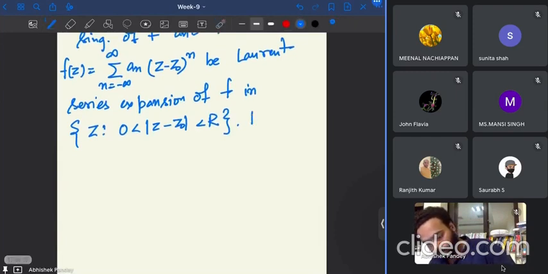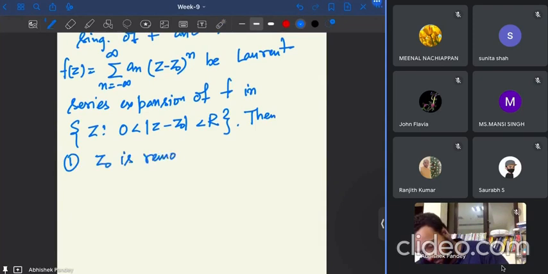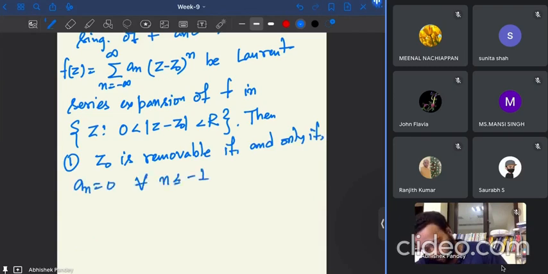Then the first thing is z naught is removable if and only if a_n is equal to 0 for every n less than or equal to minus 1.